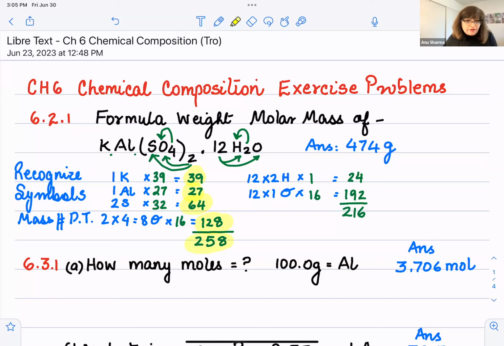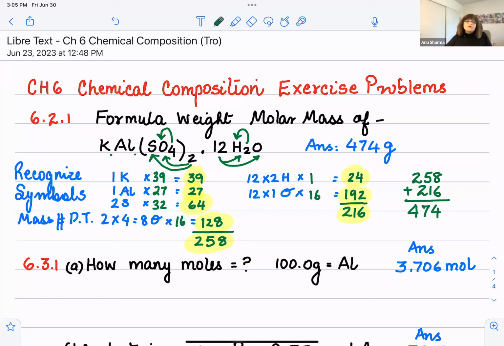Similarly, there were 12 water molecules. So here we see 12 times 2, breaking it up individually. 12 times 2 is 24 hydrogens, and 12 times 16 is 192 for oxygens. Now, when you add these, 258 plus 216, you get the weight of 474.